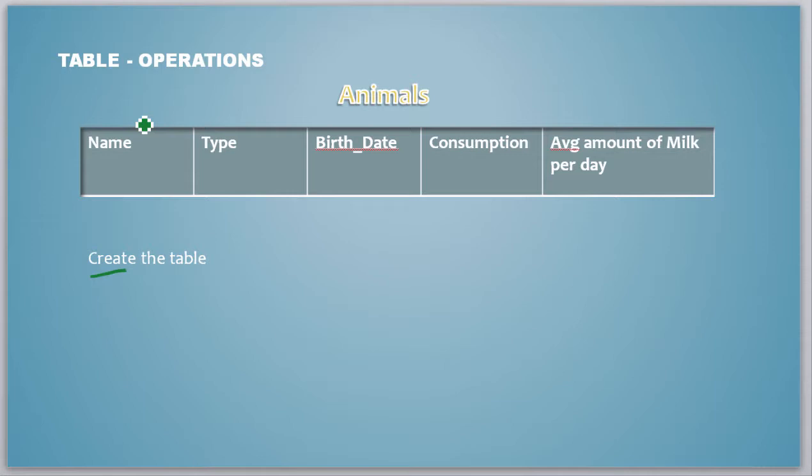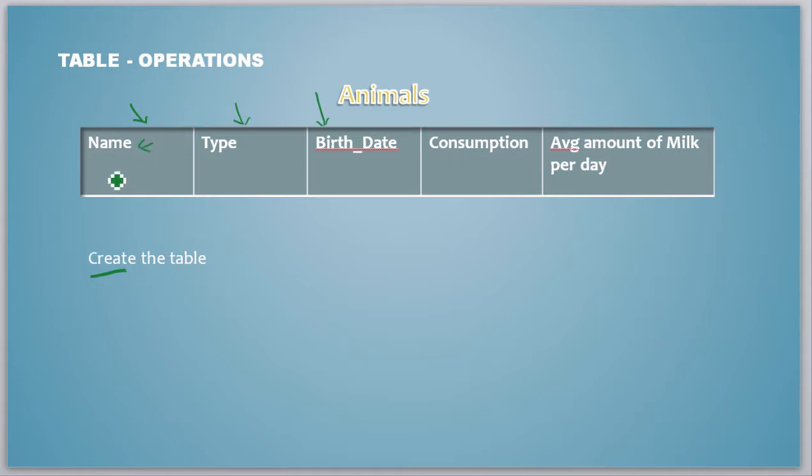Let me explain the basic operations, and then we will go a little bit deeper into it in the subsequent videos. So when we create a table, we would give the column names of the table, and then we also need to specify the type of data that each column can hold.